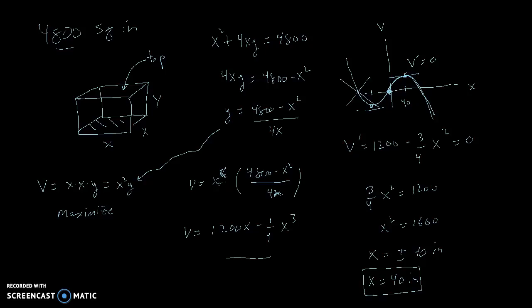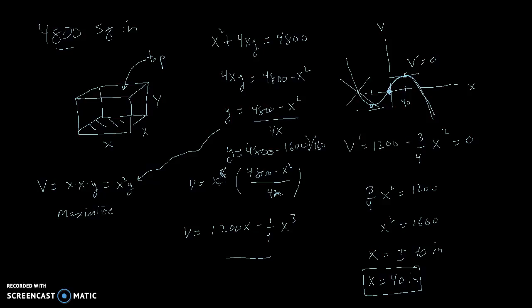And then to find the rest of the solution, the y would be 4800 minus the x squared. So 4800 minus 40 squared is 1600. And then we would have to divide that by 4 times 40, which is 160.